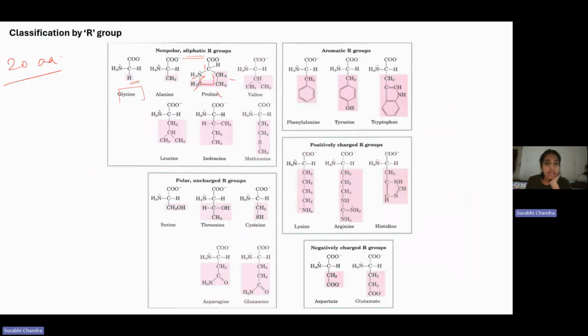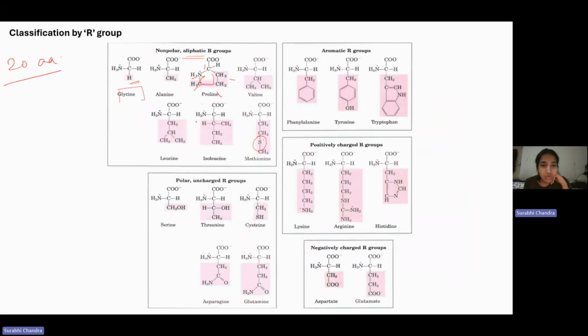But overall, it's non-polar because there isn't any extra nitrogen or electron donating or electron accepting moiety present. In valine, we have two methyl groups, as in leucine and isoleucine. And in methionine, we have a sulfur group present over here. So these are all non-polar in nature.